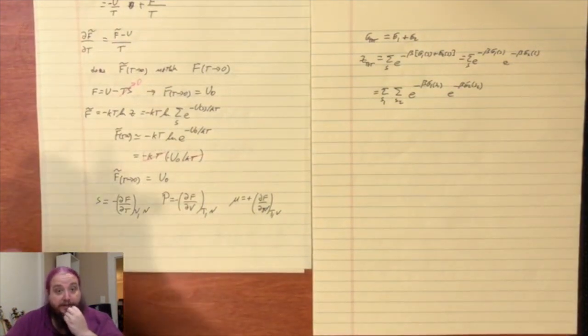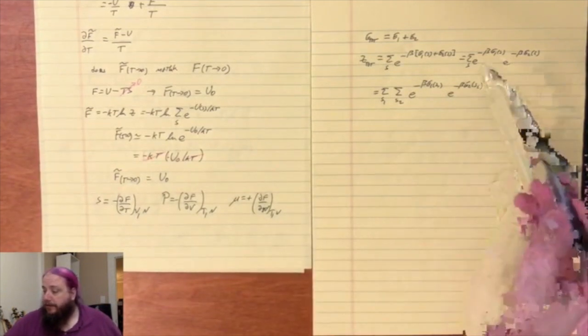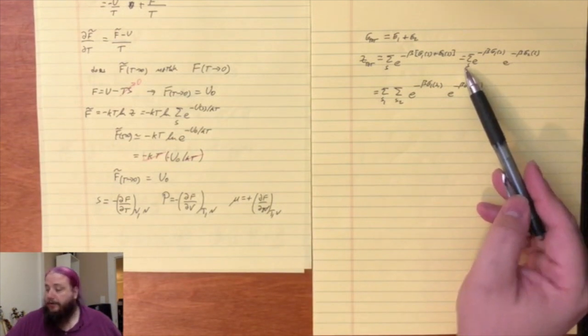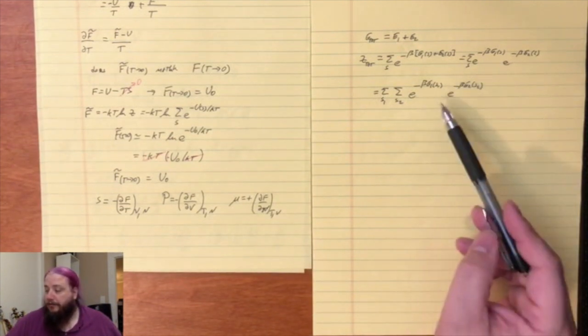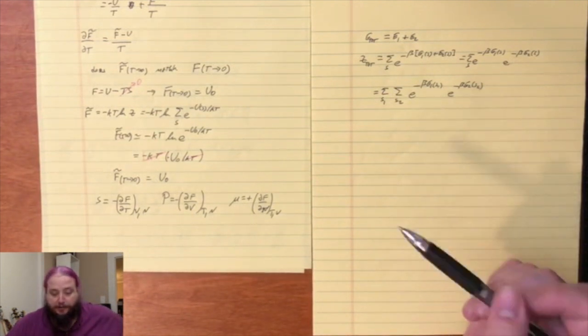Because we can tell the two particles apart, we can describe our two particle system as a double sum over all of the possible states for particle 1 and all of the possible states for particle 2.